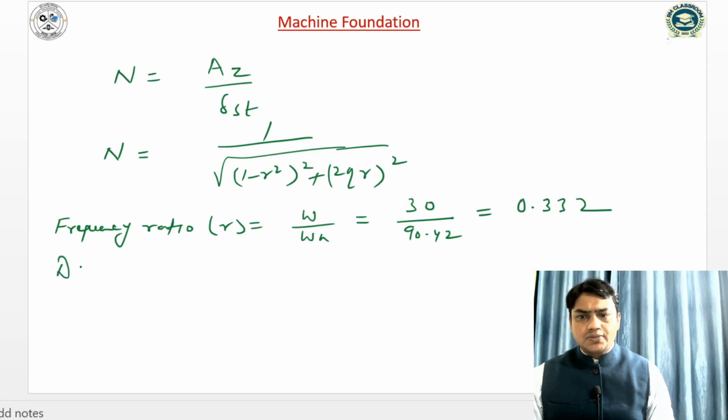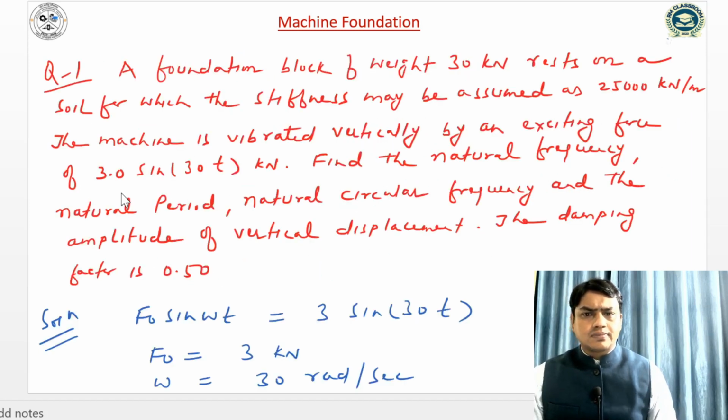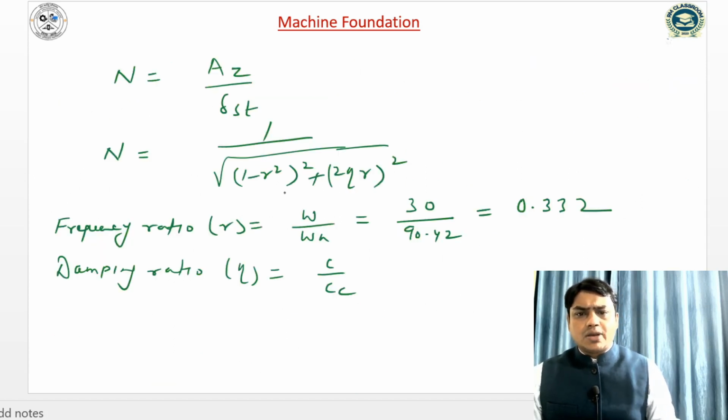Similarly, damping ratio is actual damping by critical damping. Damping ratio is given, that is 0.5.